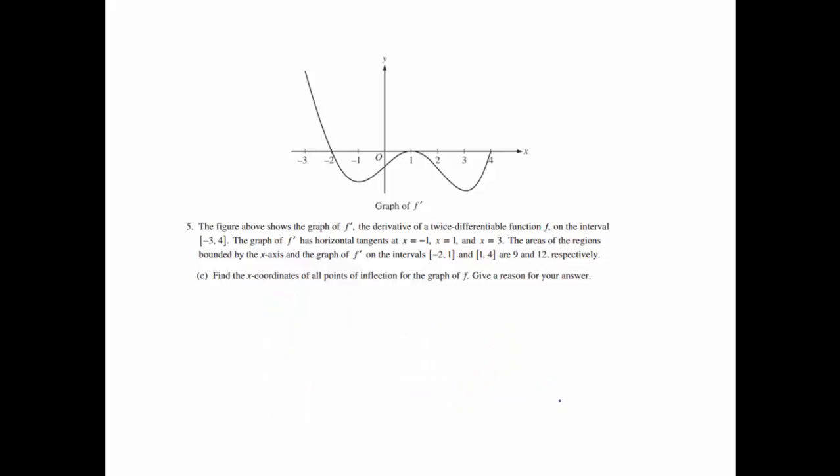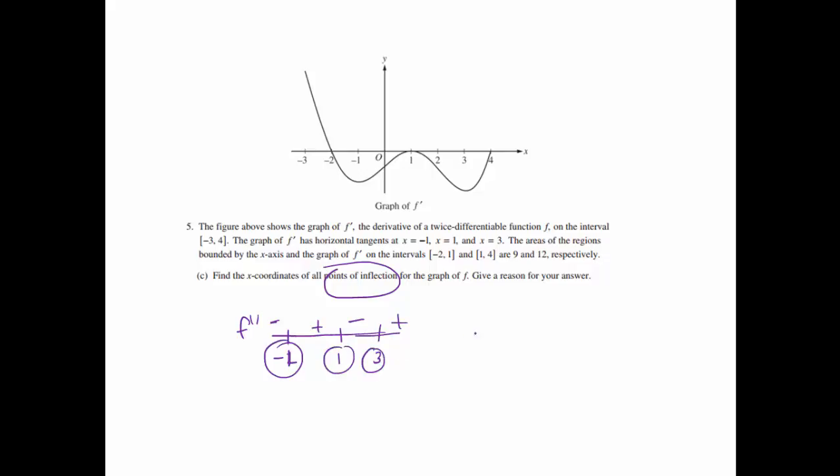Okay, part C. Find the x coordinates of all points of inflection for the graph of f. Well, we already did an f double prime chart, so if we could just recreate that, we'll be good. This was -1. It was negative, positive till I got to 1, negative till I got to 3, and then positive again. Points of inflection are where f double prime changes signs.